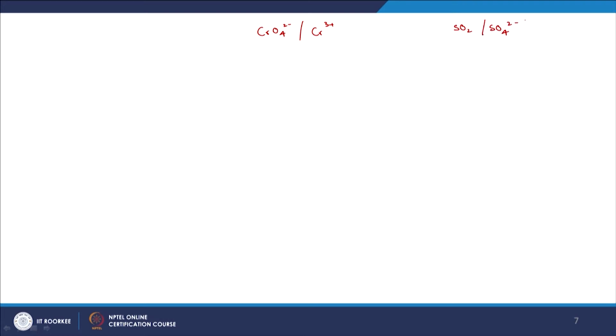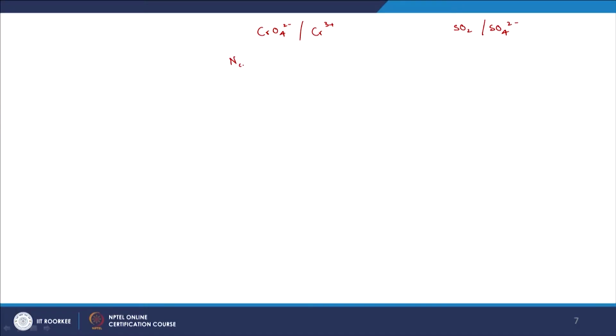Now I need to first identify which one is going to be oxidized and which one is going to be reduced, and write the relevant half reaction. If we do not have the background, we need to calculate the oxidation states, and anyway you need to calculate the oxidation states because you need to assign the number of electrons being transferred. So we are going to do that.